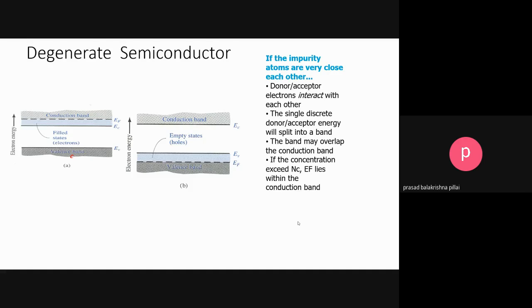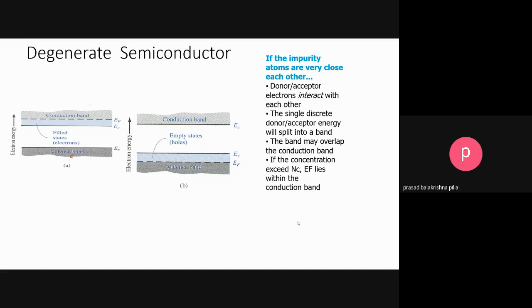Another important thing is that we have so far assumed that, even though electrons are fermions, we need not worry about Fermi-Dirac distribution because the carrier concentration is not very high. We can use Maxwell-Boltzmann statistics.